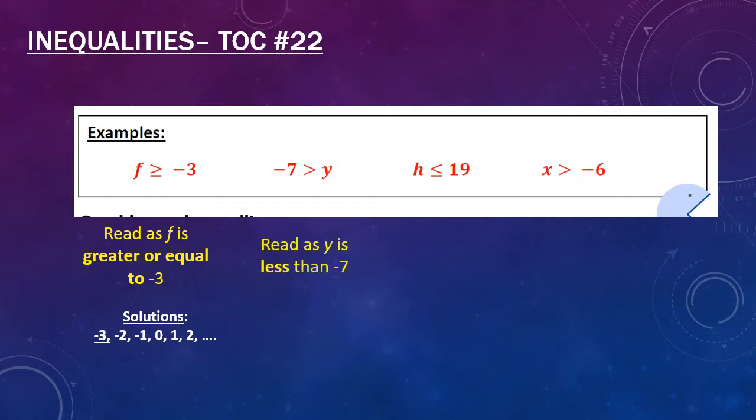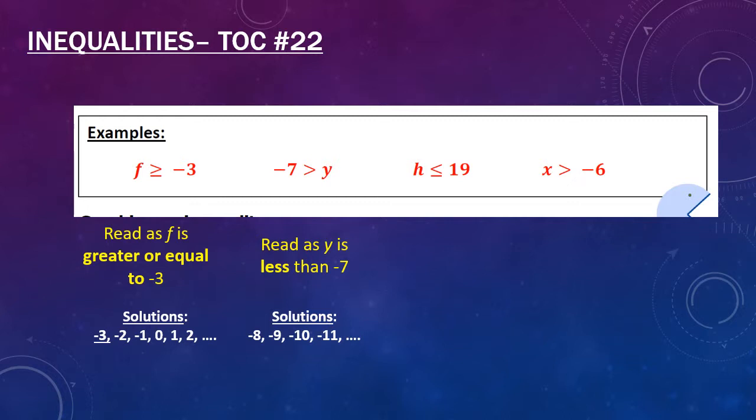So the answer is any number that's less than -7. So that would be -8, -9, -10, -11. Notice with this one, -7 is not included in the solution because there's no equal sign, there's no bar underneath it.